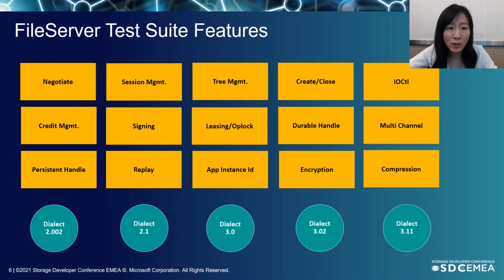For features, FileServer Test Suite also supports the following features like negotiate, session management, tree management, credit management, signing, leasing, persistent handle, replay, and app instance ID, as well as other messages. Our FileServer Test Suite supports dialects from 2.0 to 3.1.